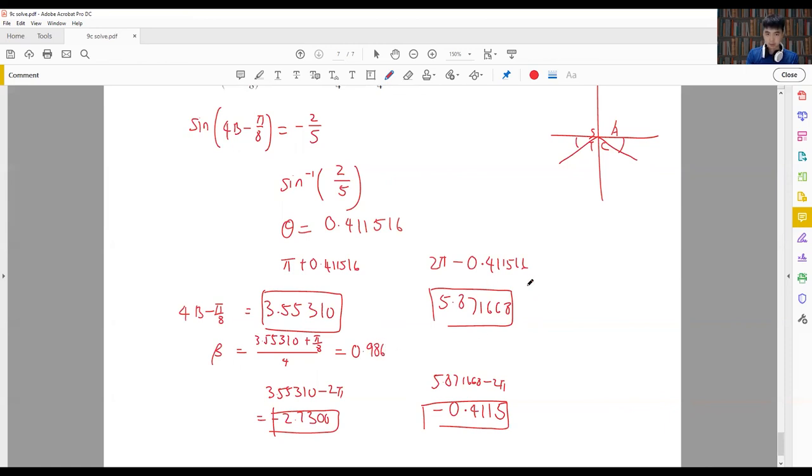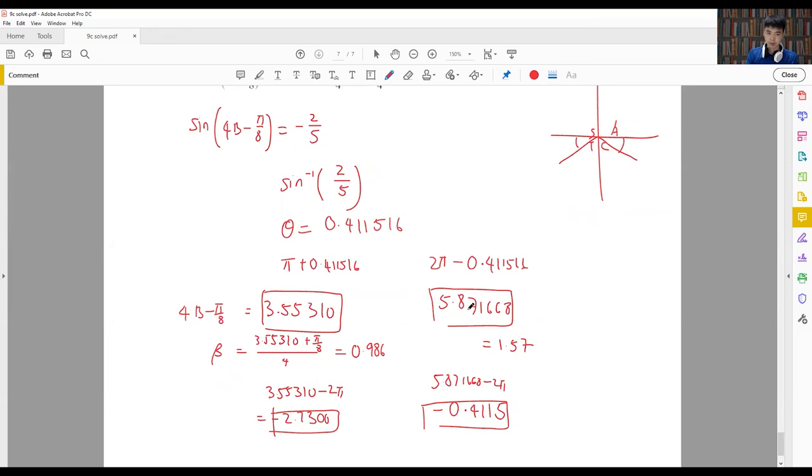Second one, 5.871668 plus pi over 8 divided by 4. This value here is actually 1.57, three significant figures again.